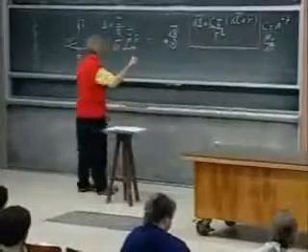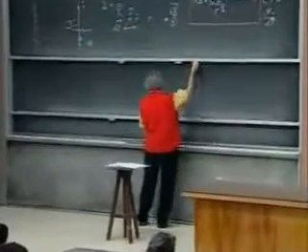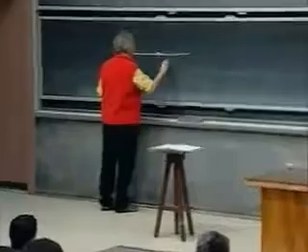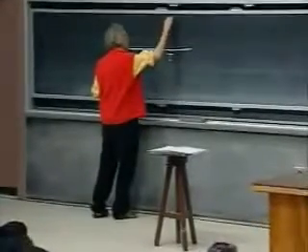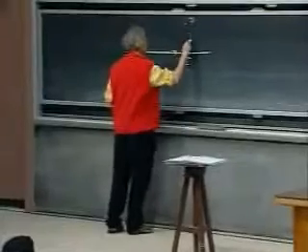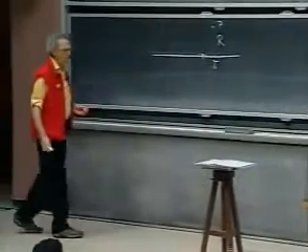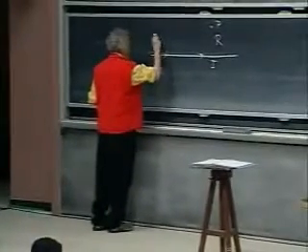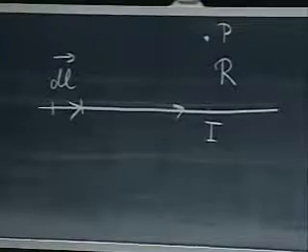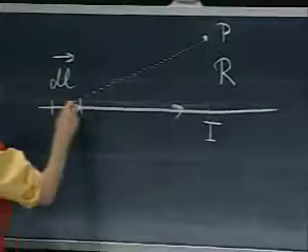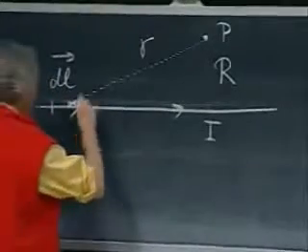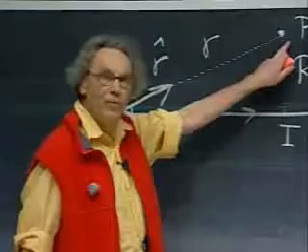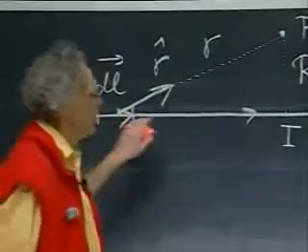So now you can apply Biot-Savart's law, and you can go to a straight wire, and you have a current I, and suppose you want to know what the magnetic field at that location P is at a distance capital R. And so what you now have to do is carve this up in an infinite number of small elements dl, and this distance is r, and the unit vector is then like so, and you calculate the small amount of magnetic field due to this little element, and you integrate this over the whole wire.